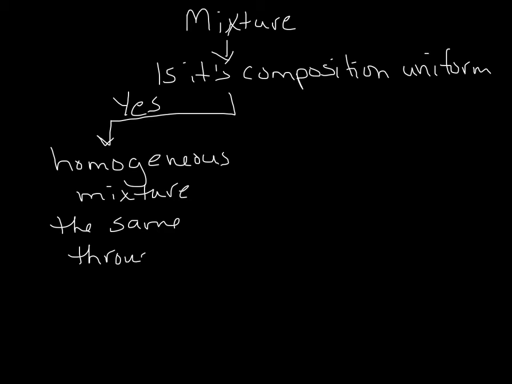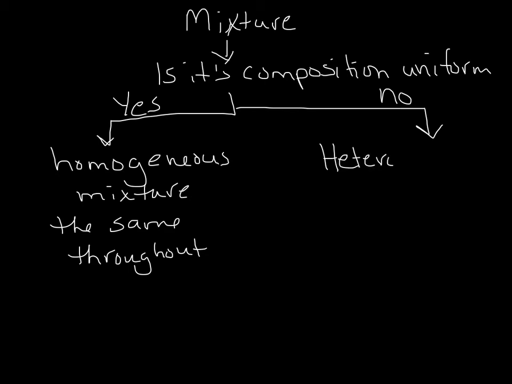There are no differences. You can't see any differences in it. If the answer is no, then we say that it is a heterogeneous mixture, meaning you can see different parts to it.